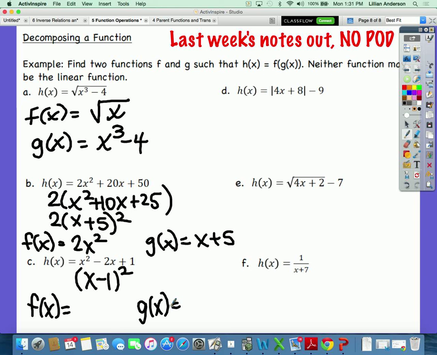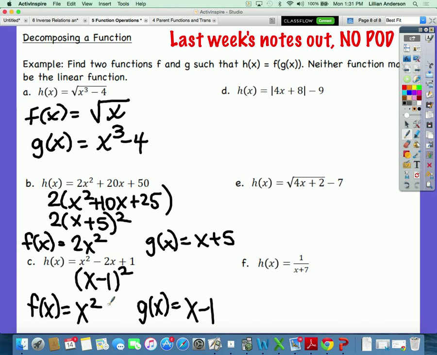Whatever the parent function is that you can identify, that usually is your f function. That's usually the function that something is going into. Okay? What am I putting into my parent function, my quadratic? X minus 1. So that's your g function. And then your f function will be what? Raise your hand if you got that right. Good stuff. Okay? So just break it apart.